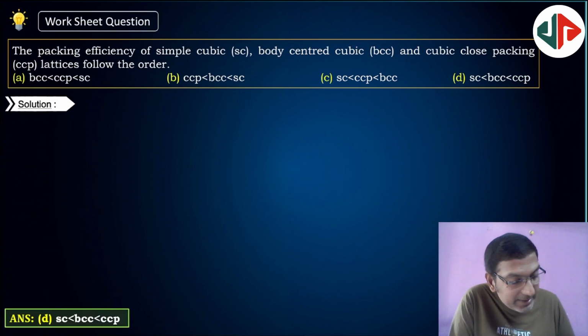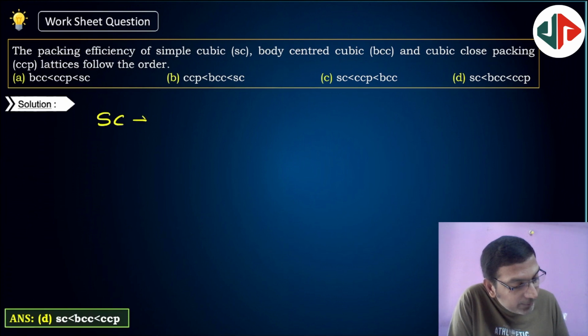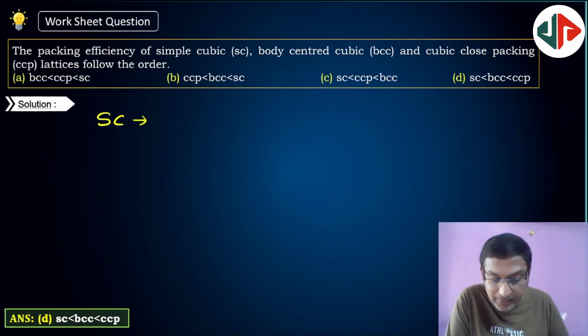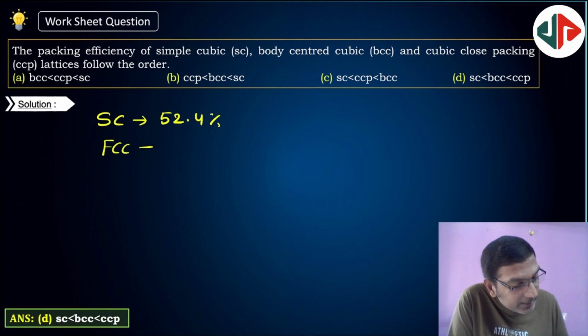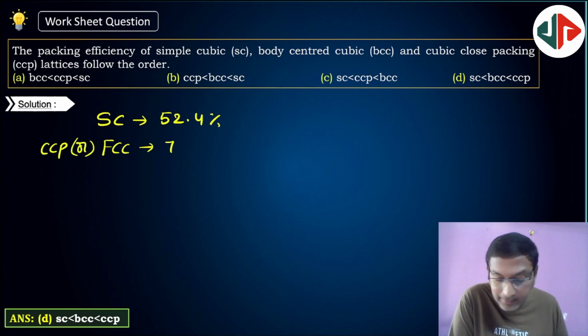Next. The packing efficiency of simple cubic, body centered and cubic close packed lattice. For simple cubic, packing efficiency is 52.4%. Next, FCC or CCP, 74%.